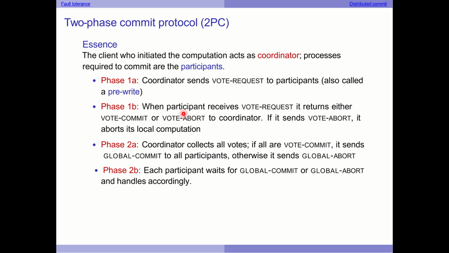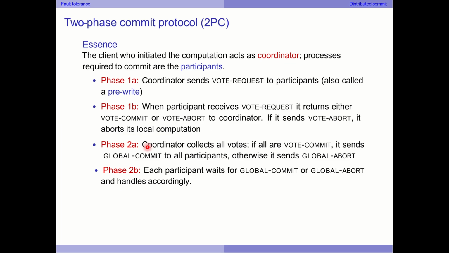Under phase 1B, when the participant receives the vote request, it returns either vote commit or vote abort to the coordinator, meaning they vote yes or no. If yes, they send vote commit. If no, they send vote abort, and the participant will abort its local computation, so they will not do any work.